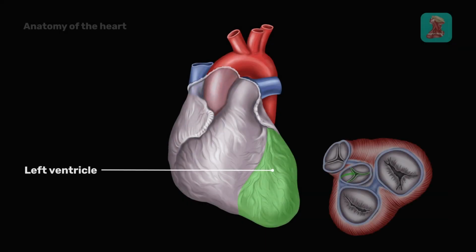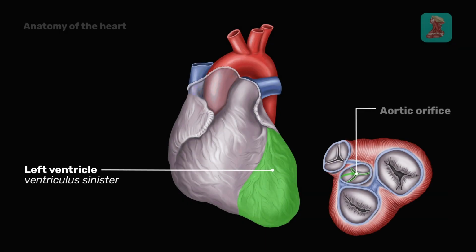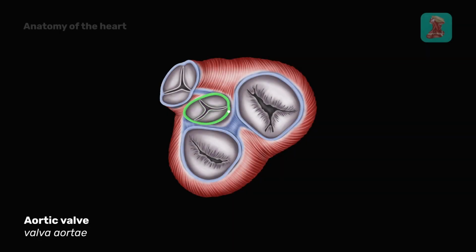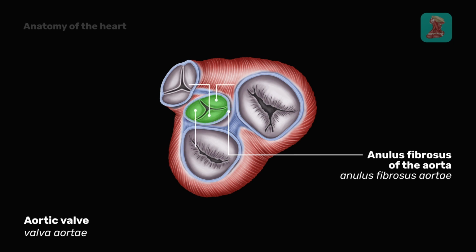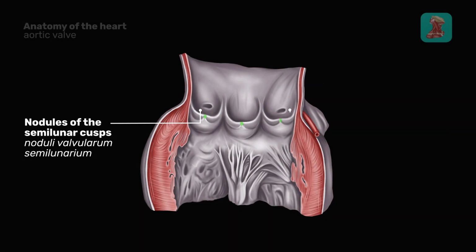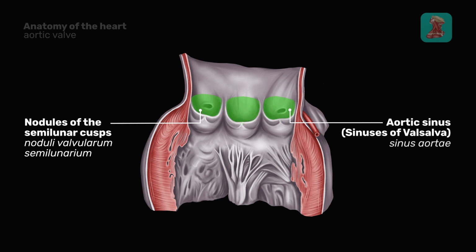The aorta, which also has its own valve, arises from the left ventricle in the area of the aortic orifice. It consists of the following structures: the annulus fibrosus, the right semilunar cusp, the posterior semilunar cusp, and the left semilunar cusp, nodules of the semilunar cusps, sinuses of Valsalva or aortic sinuses.